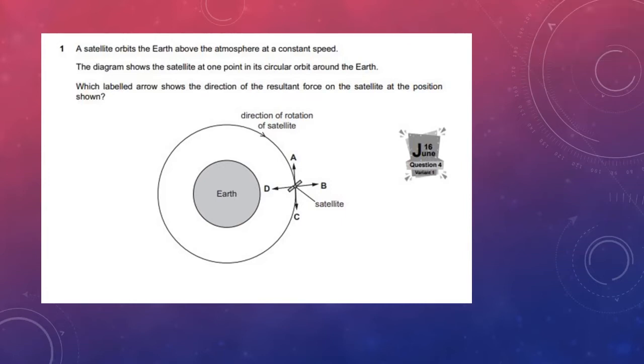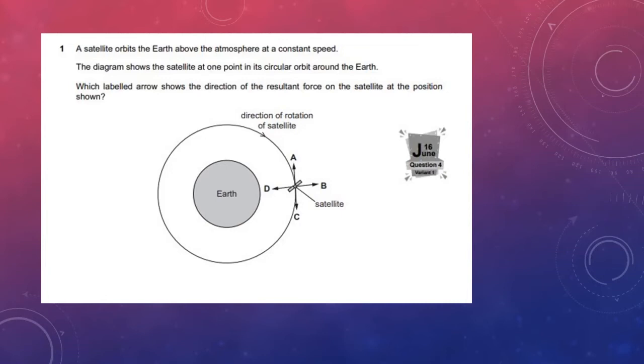No. Ahmed? This time it's C. C, great, excellent. Why C, not A? Because of the direction of motion. This arrow indicates that the direction of motion is clockwise.